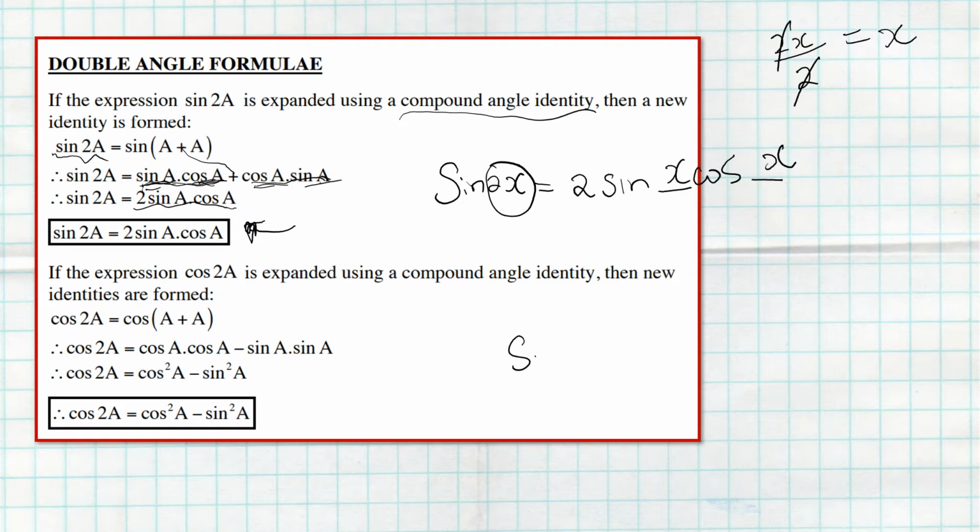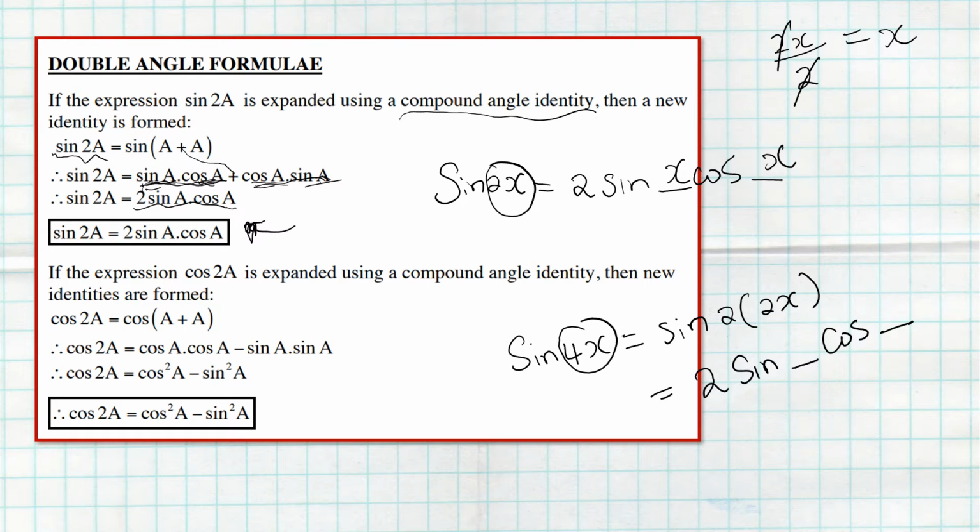For example, if they give you sine 4x, we know sine 4x can be written as a double angle of sine, the same as sine 2 into 2x. They are doubling the angle, so we multiply by 2, write sine, write cos, and to get the angle we divide the original angle by 2.